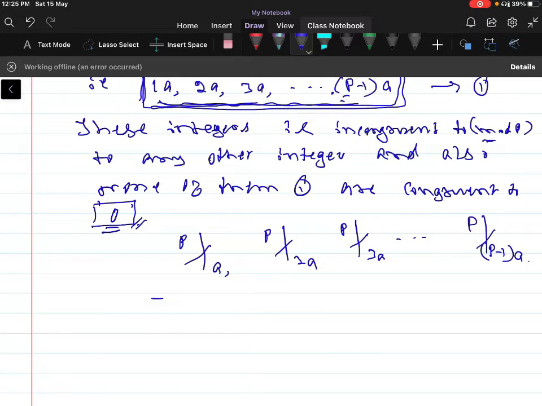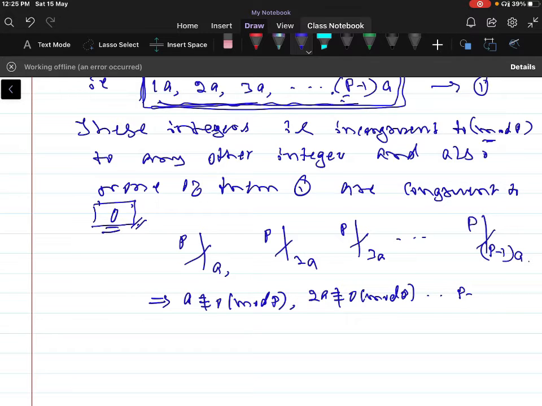Now since P does not divide A, this implies A is not congruent to 0 modulo P, and 2A is not congruent to 0 modulo P, and so on.